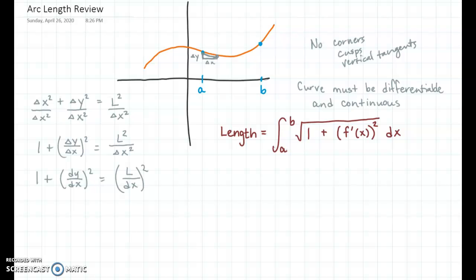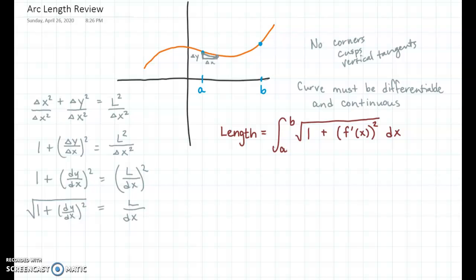Now, I want the length, so I'm going to solve for L here. So I'll take the square root of both sides of this equation. So I get the square root of 1 plus (dy/dx) squared is equal to L over dx. All of these are positive measures because we are dealing with length here.